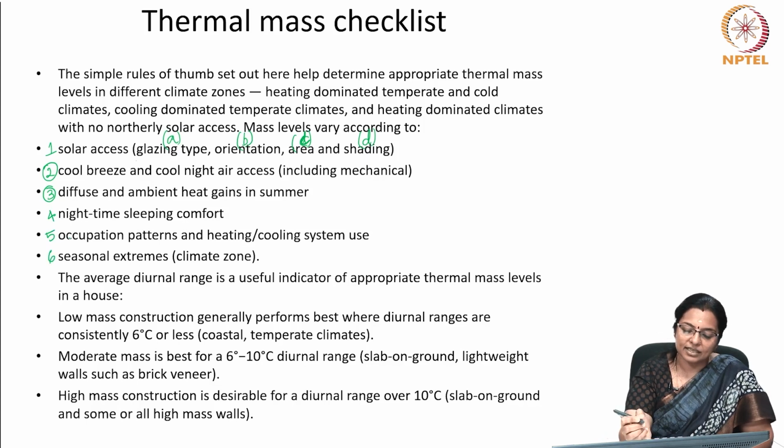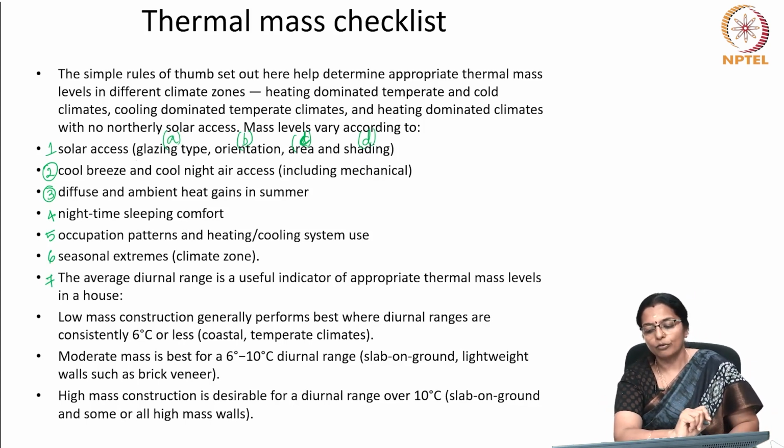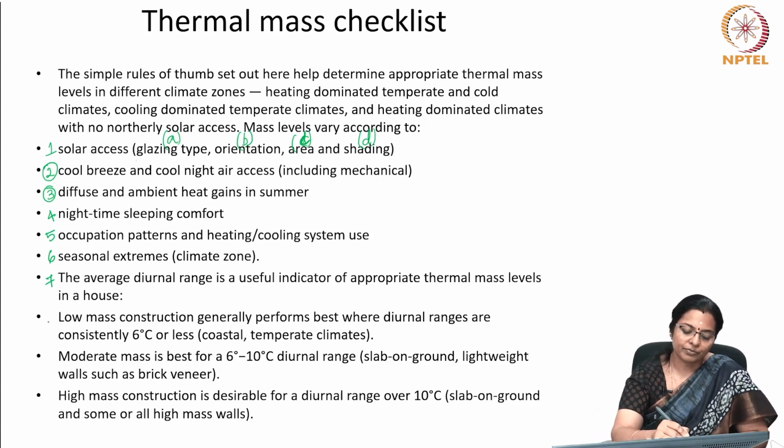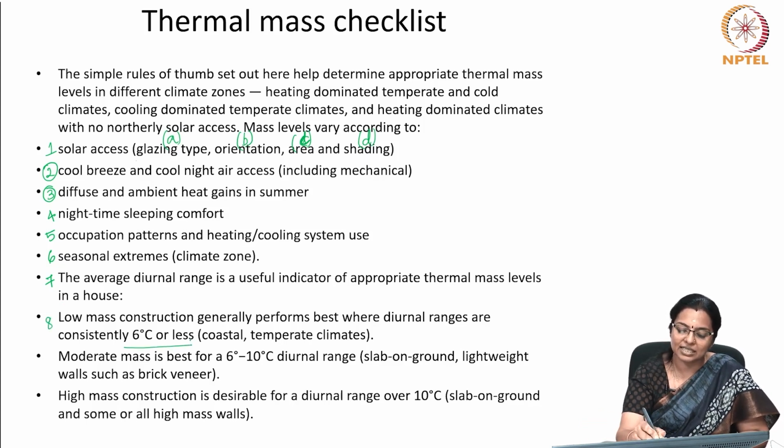Sixth is seasonal extremes of climate zone. Seventh is the average diurnal range as a useful indicator of appropriate thermal mass levels in a house. Eighth is low mass construction generally performs best when diurnal ranges are consistently 6 degrees centigrade or less.